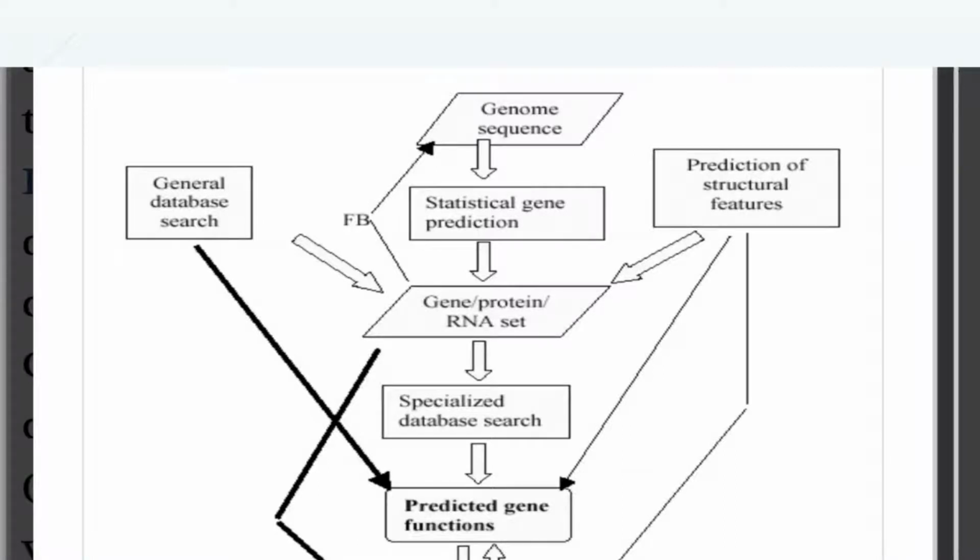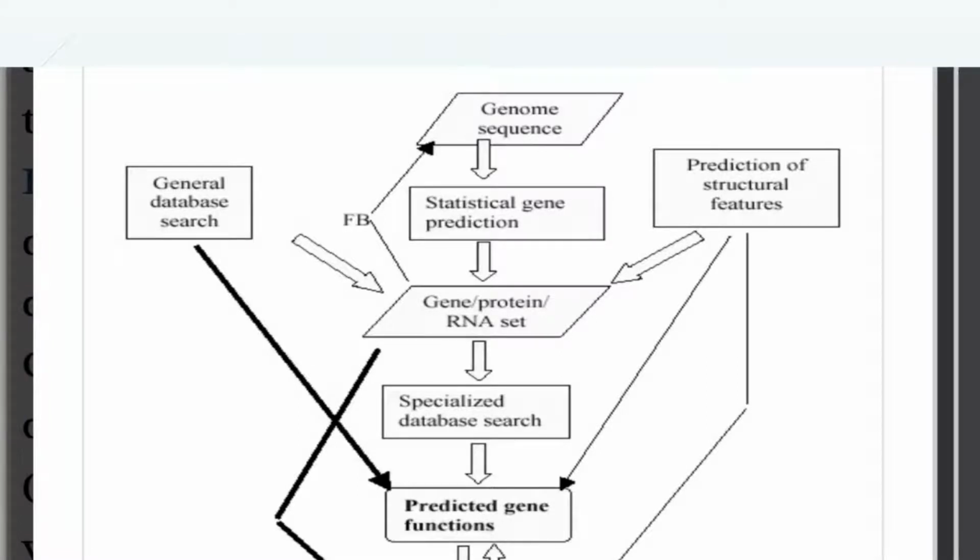So many web tools, online tools are available to find out this kind of statistics, like BLAST and FASTA, which are very common. In BLAST, local alignment of the gene is done, and you get to know the regions of different genes which are similar, which are homologous. And once the statistical work is done, the gene, protein or RNA set is determined.